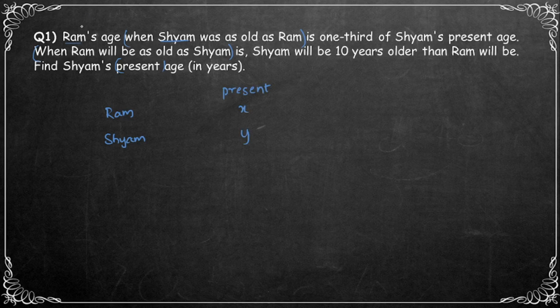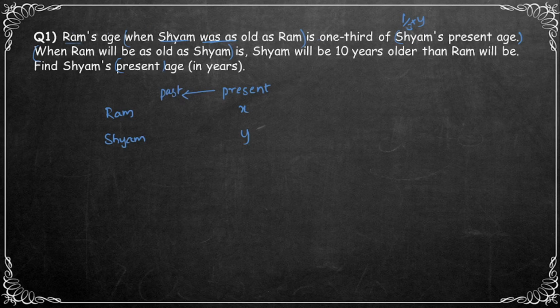Let us read the first sentence. It says that Ram's age, okay, this is about the event, is 1/3 of Shyam's present age. So that means Shyam's present age is Y. So Ram's age is 1/3 of Y. So when is this? When Shyam was as old as Ram. So "was as", that means they are talking in the past.